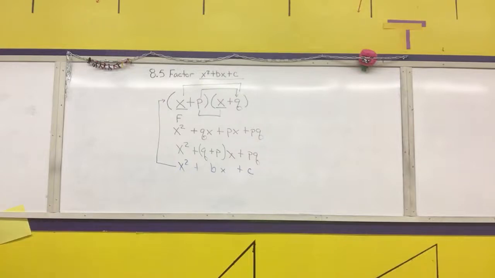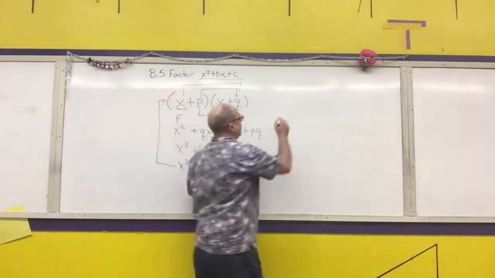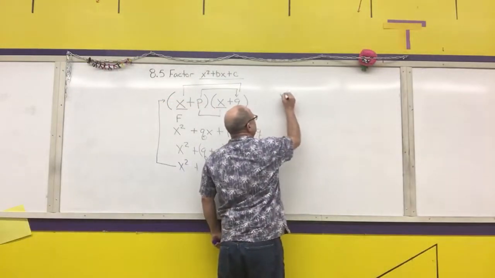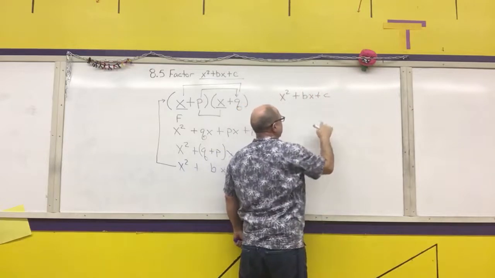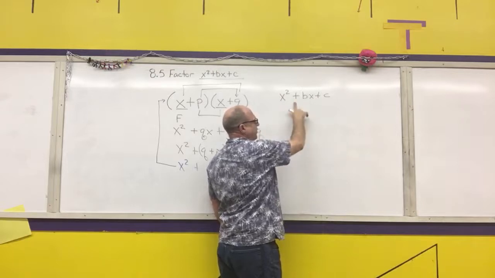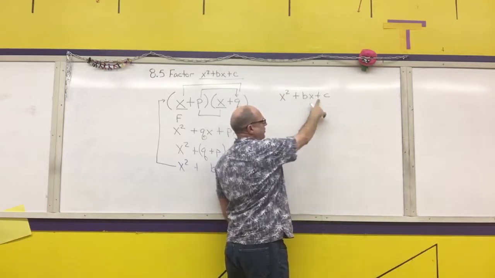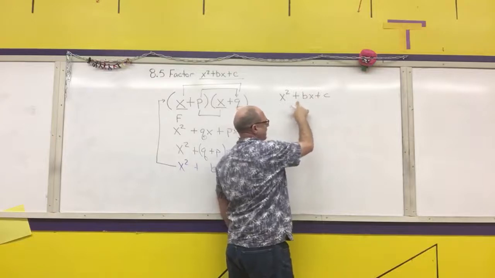I'm going to show you some patterns here. x squared plus bx plus c. I need two numbers that multiply to a positive and add to a positive. If they multiply to a positive, they have to have the same sign, and both of those are positive.